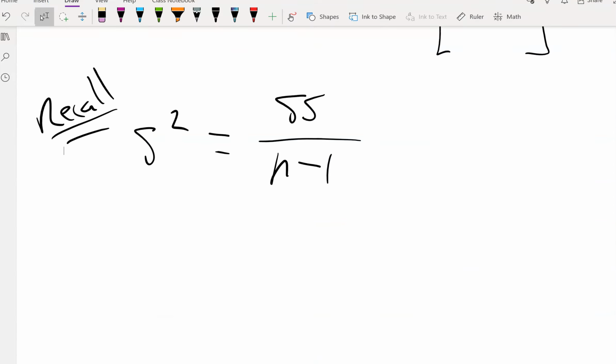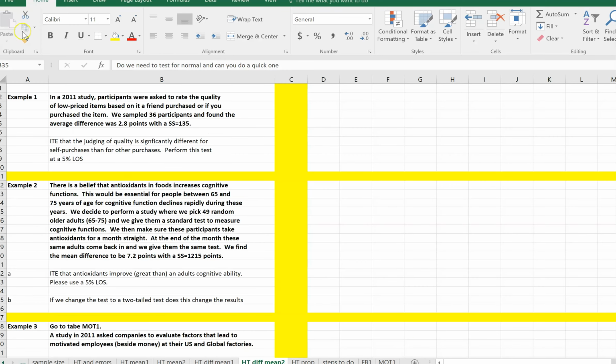If you read the question again, it states we sampled 36 participants and found the average difference. So first of all, they said they sampled 36 participants. That's n, of course, right? n is always the sample size. Now, MD, the mean difference of the group, is what they found there.